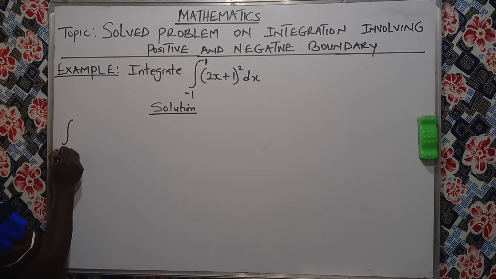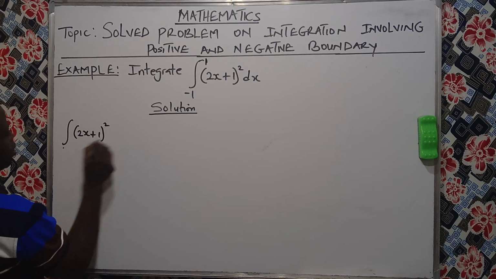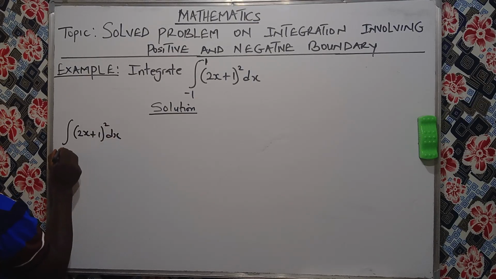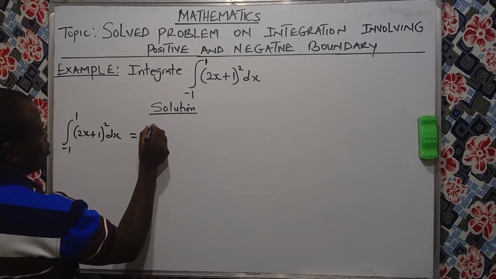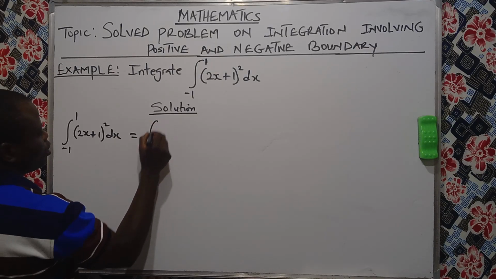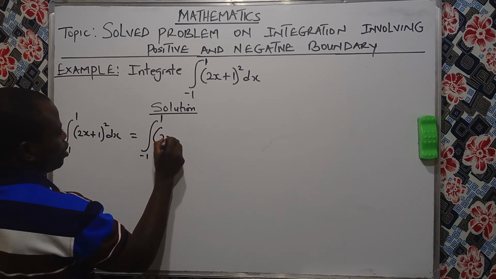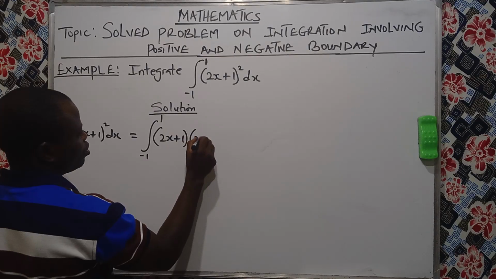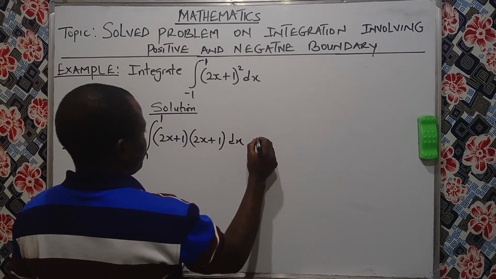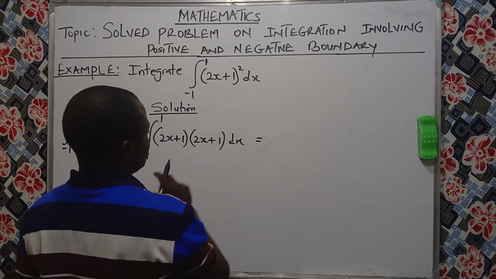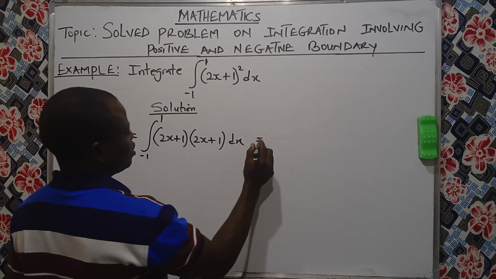The integral of (2x plus 1) squared dx from -1 to 1 equals the integral from -1 to 1 of (2x plus 1) multiplied by (2x plus 1) dx. Now let's multiply and eliminate the bracket.